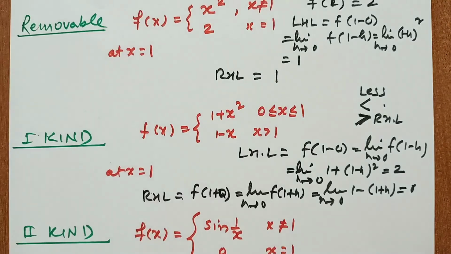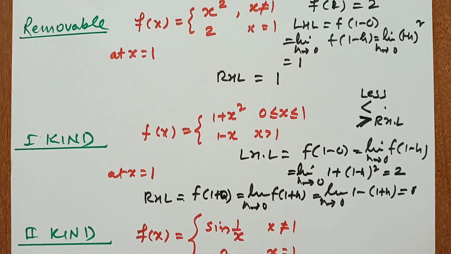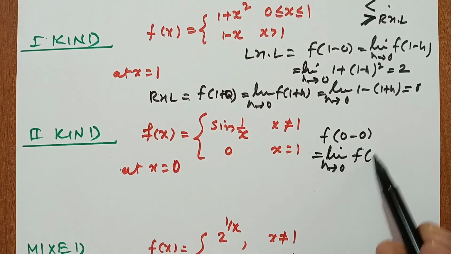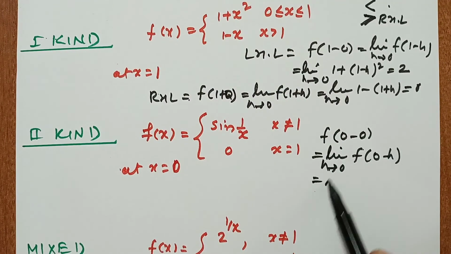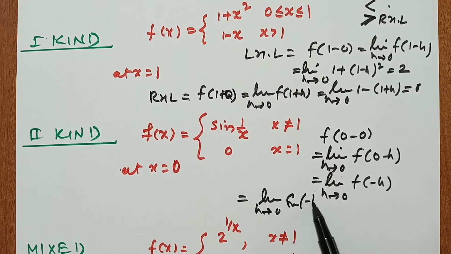Okay, so here you see, we calculate the left hand limit, which means f(0 minus 0) is equal to limit h tends to 0 f(0 minus h), which is limit h tends to 0 f(minus h). So f(minus h) means limit h tends to 0 sine(minus 1 upon h).